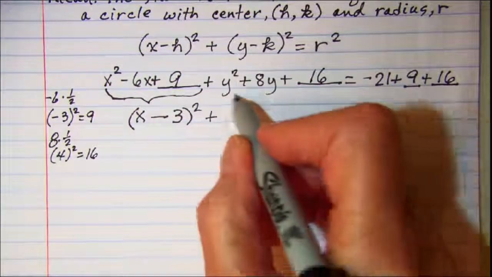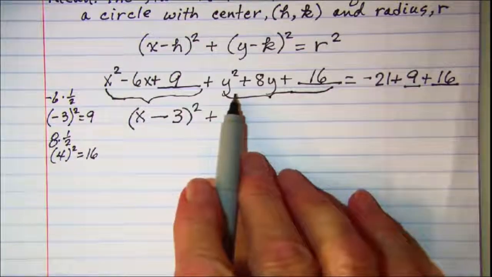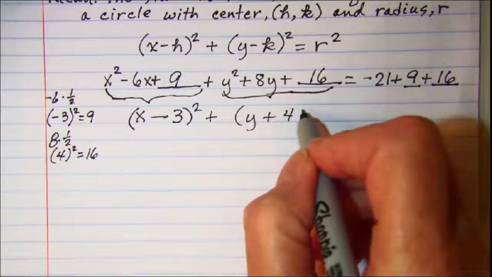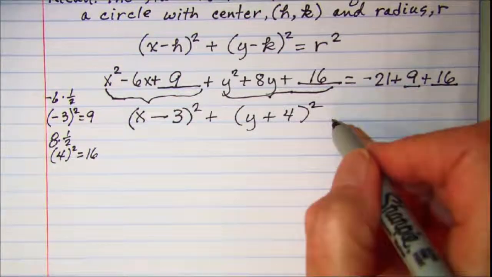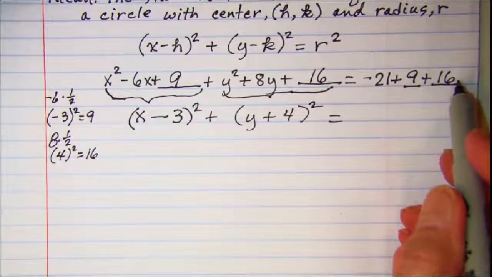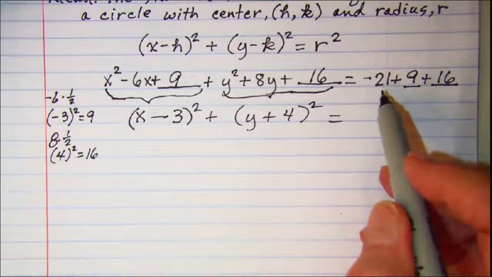Now we need the square of these terms. So I have y plus 4 quantity squared here. And then when I combine all of these terms, 9 and 16 is 25, minus 21 gives me 4 on the right side.